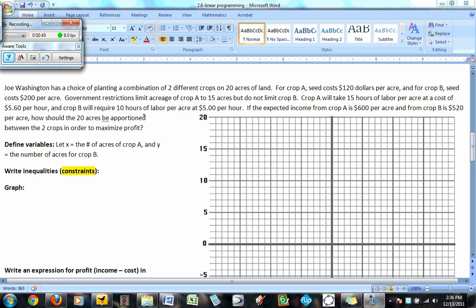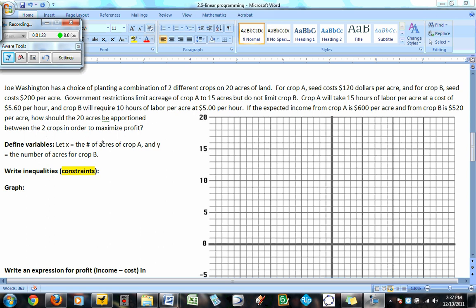Government restrictions limit acreage of crop A to 15 acres, but do not limit crop B. Crop A will take 15 hours labor per acre at a cost of $5.60 per hour, and crop B will require 10 hours of labor per acre at $5 per hour. If the expected income from crop A is $600 per acre and from crop B is $520 per acre, how should the 20 acres be apportioned between the two crops to maximize profit?